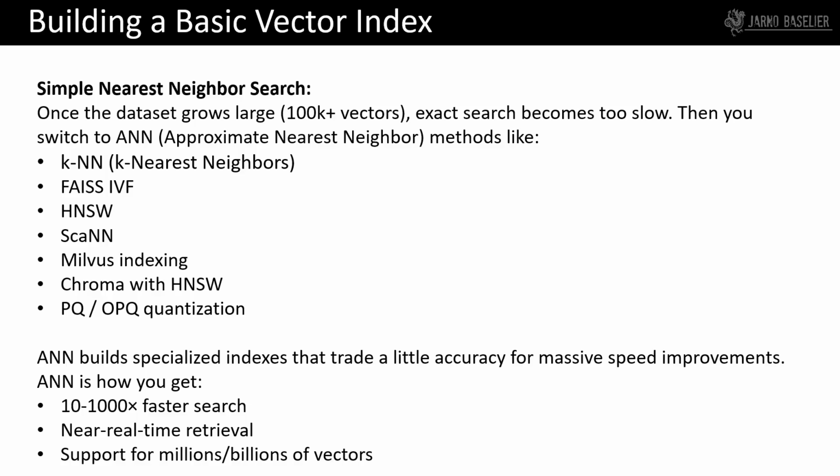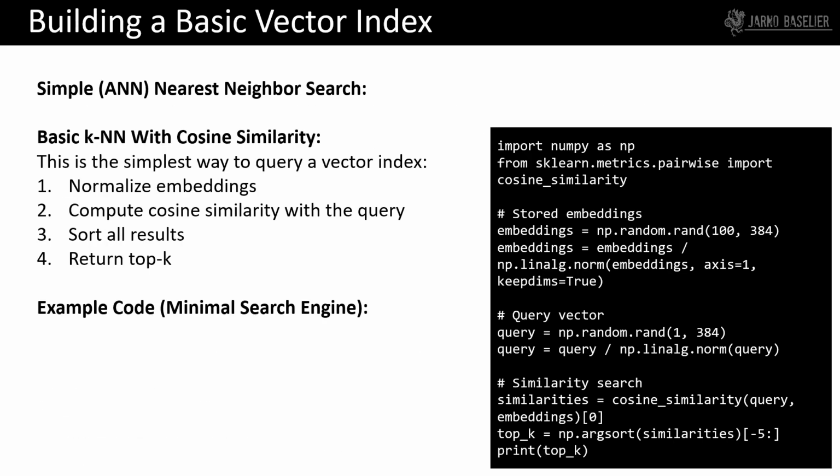ANN builds specialized indexes that trade a little accuracy for massive speed improvements. ANN is how you will get 10 to 1,000 times faster search, near real-time retrieval, and this gives you support for millions to billions of vectors. So really large vector databases.